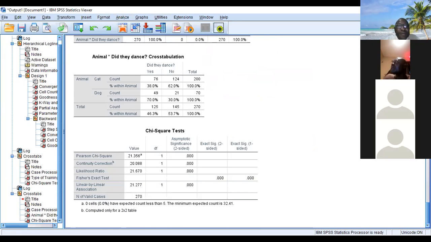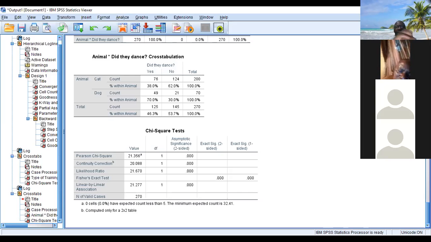Of course, you can see there is a good association there. But let's see, between cat and dog, who dances more? I want you to respond. Between cat and dog, who dances more? Dog dances more.